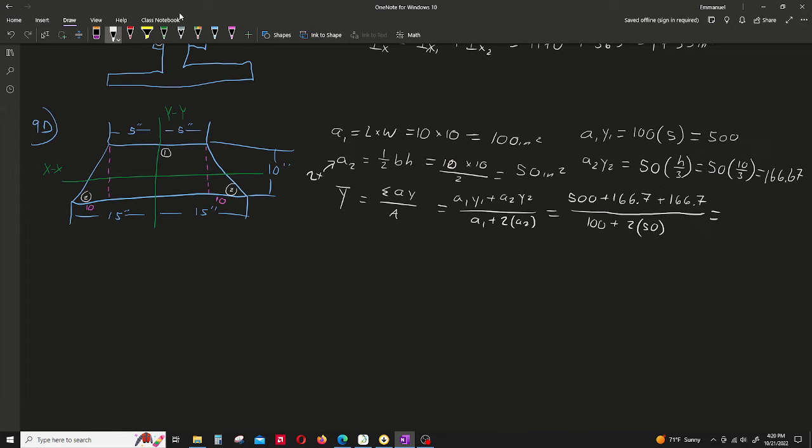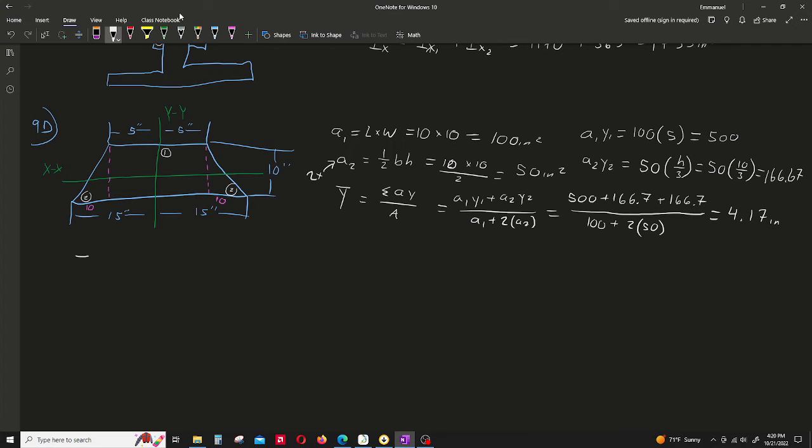So the total value here is going to be 4.17. All right. So then from there, now that we grabbed our areas, now we can grab our actual I values for them.